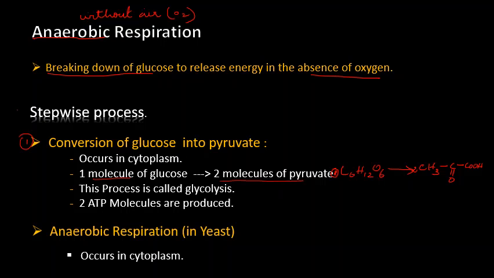So this step takes place in cytoplasm. This conversion of glucose into pyruvate takes place in the absence of oxygen, and this process is called glycolysis. Right? In the first step itself, two ATP molecules are produced.